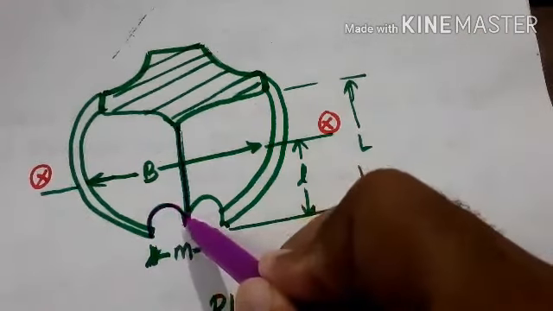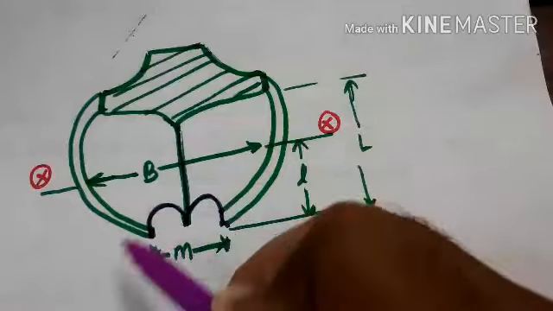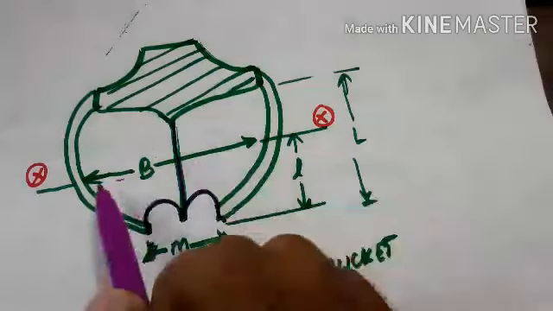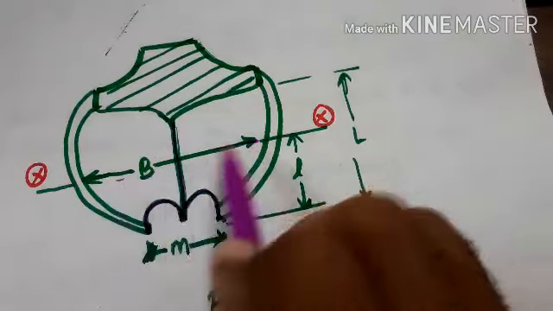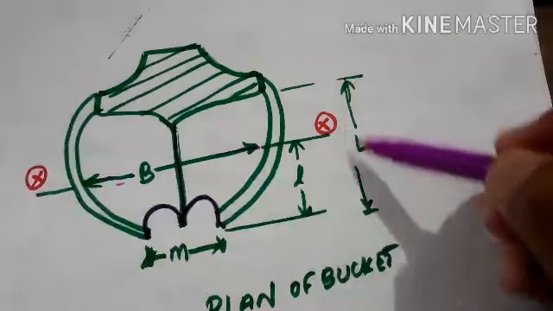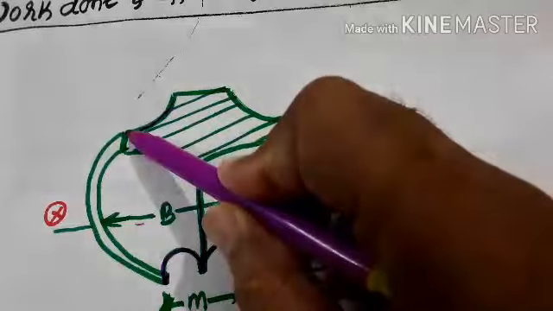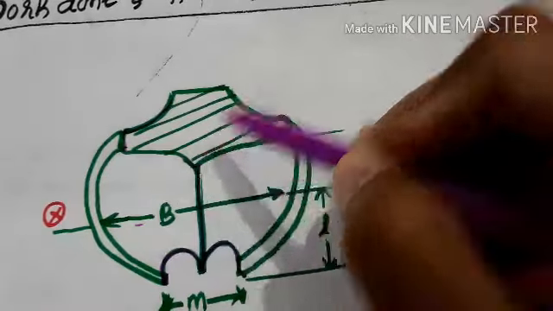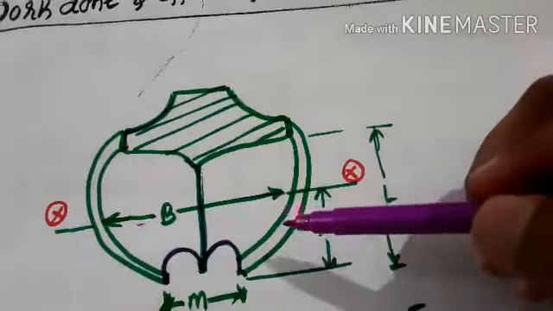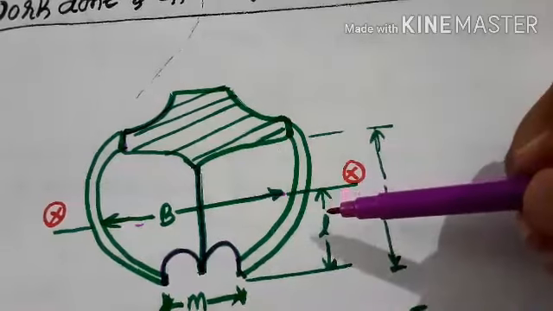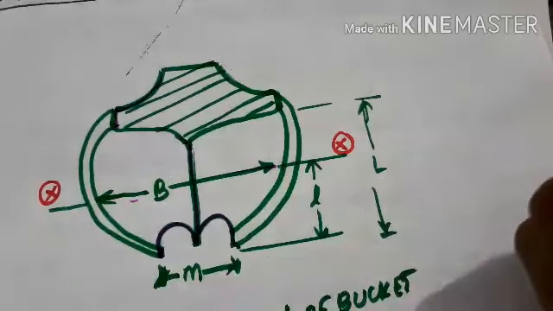groove made at the bottom of the bucket. This is the groove, and this represents the width of the bucket, and this is the length of the bucket, and this is a stem which is to be connected to the runner of the Pelton wheel.